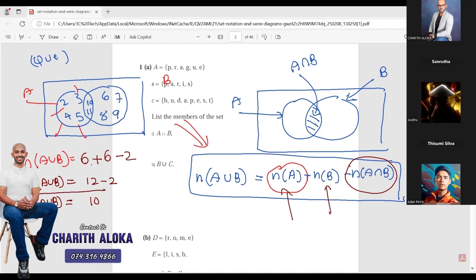So this is the answer. This is the number of elements in A, set A. This is the number of elements in A intersect B, that means the number of elements in common.